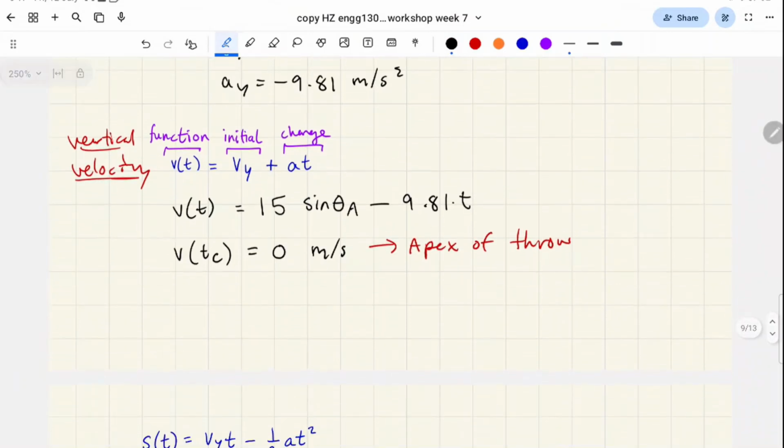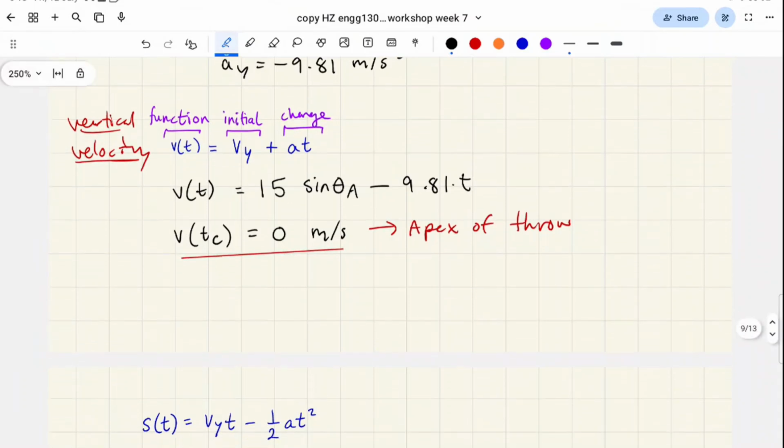Basically, we're going to sub in v equal to 0, and then we can find what Tc is, the time when it reaches the top of the house. I'm just not good at explaining algebra, so I'll show it to you visually.